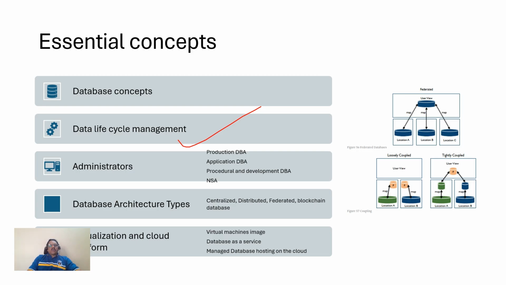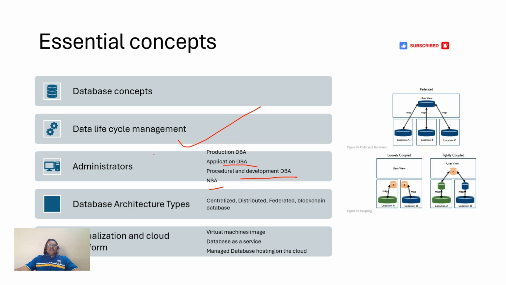Then procedural or development DBA supports development and procedural aspects of database management. And NSA means Network System Administrator, who provides infrastructure support for databases. So we have the production DBA, application DBA, procedural DBA, and NSA. Each role plays a distinct part in ensuring robust database operations.